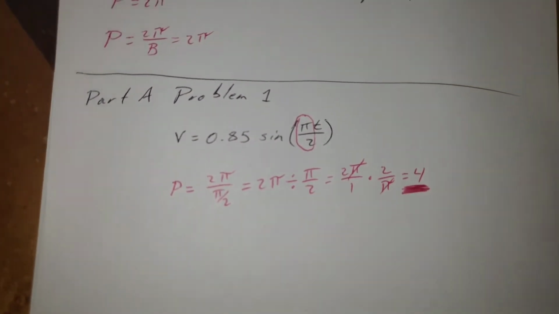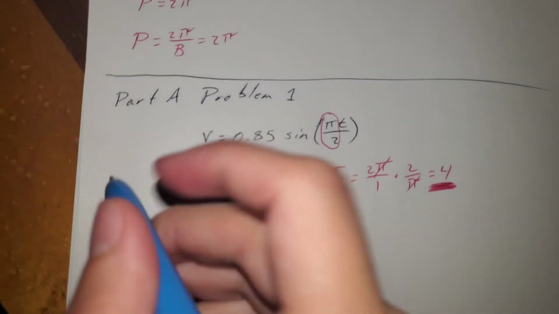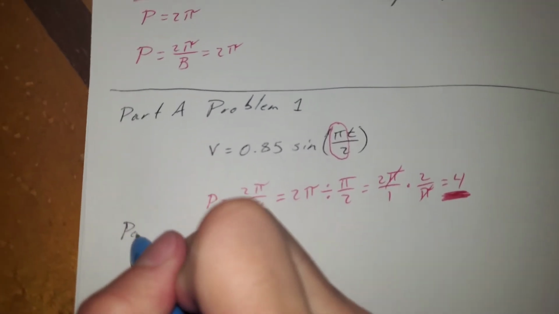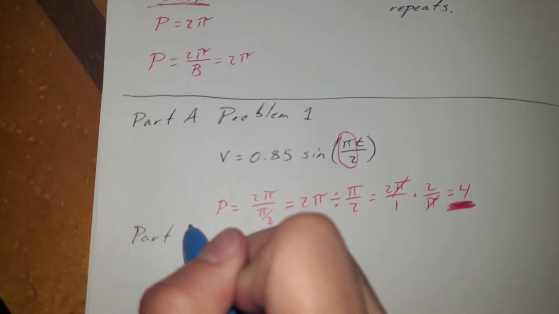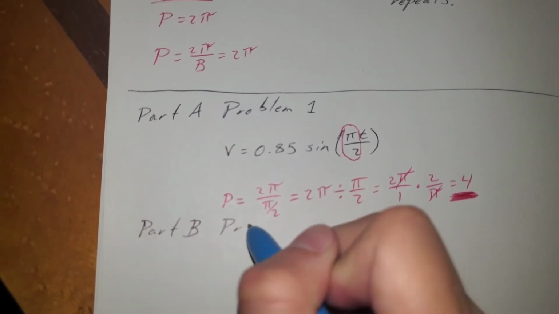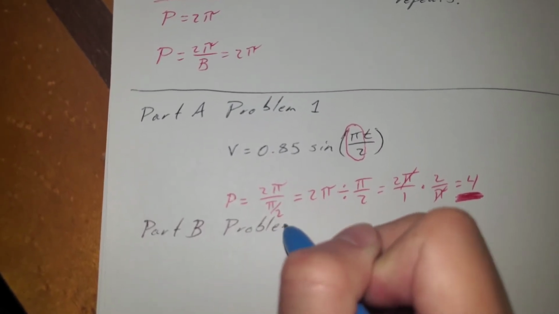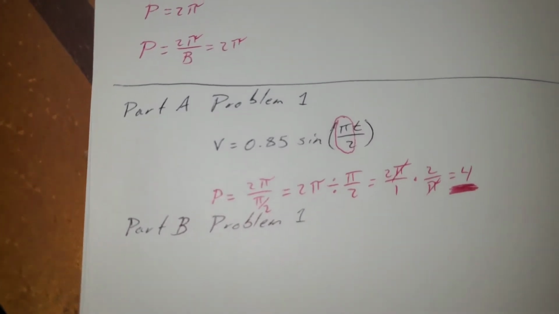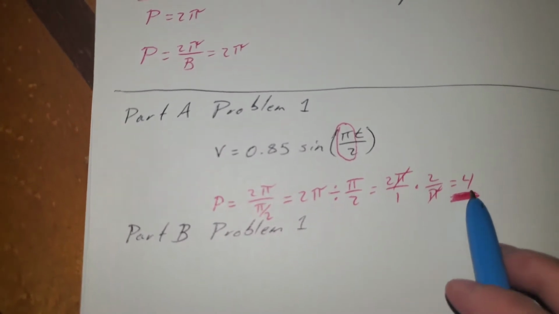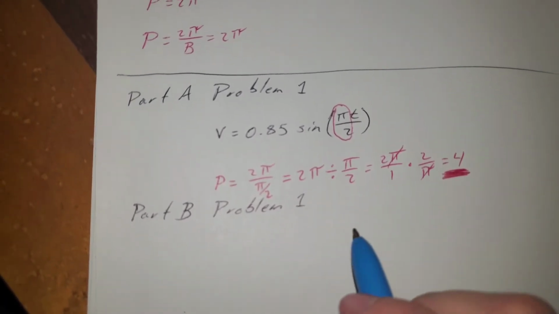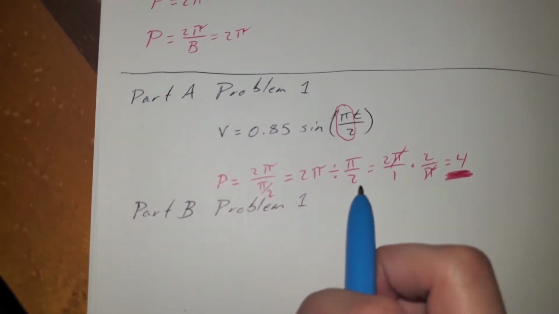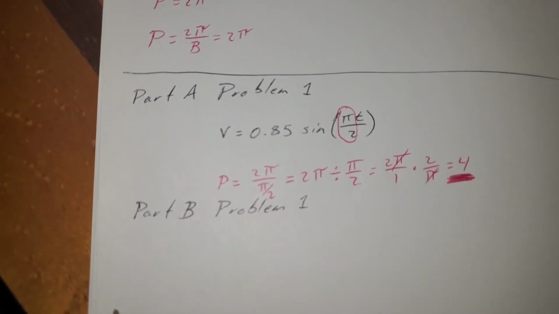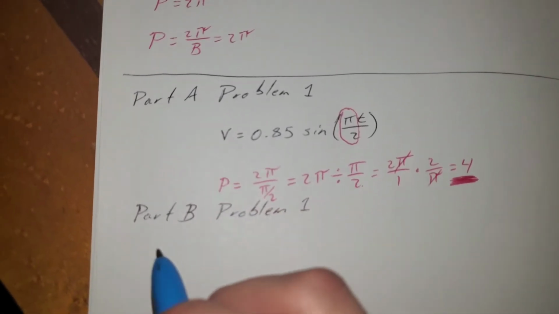How many cycles are we going to have in 1 minute? So part B, problem 1. We already know that it takes 4 seconds for one full cycle.